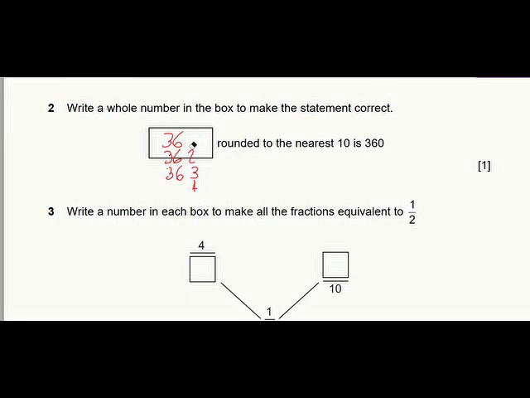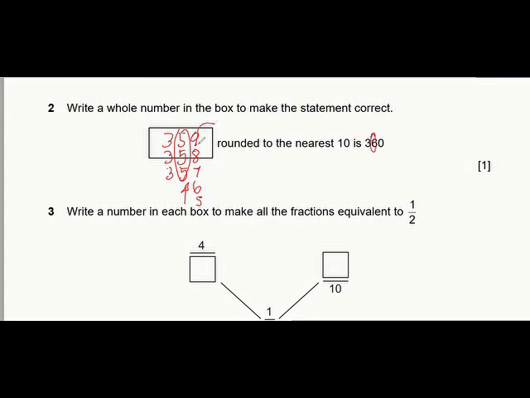However, we might say 359, 358, 357, 356, and even 355 will be rounded to 360 as we are rounding to the nearest 10. Yeah, so it will be 360.